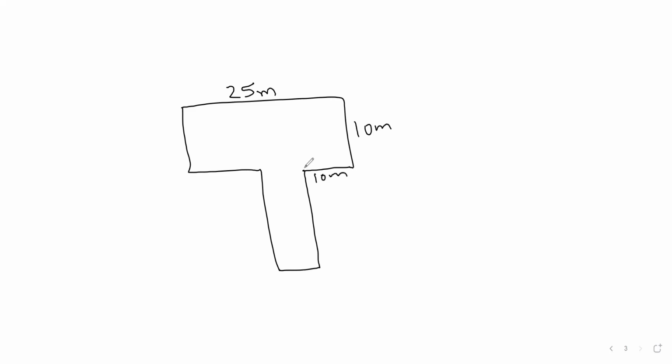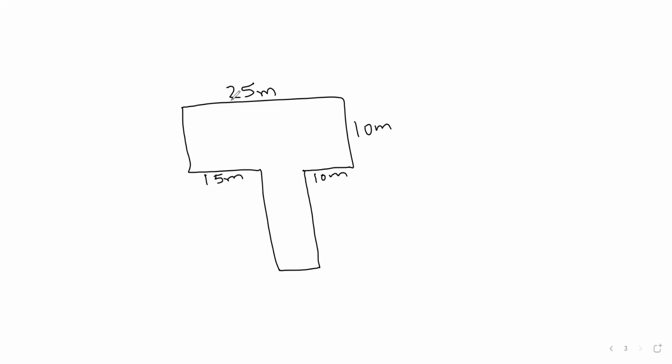For example, they have given this T-like image, and they have given that this is 25 meter, this value is 10 meter, and this value is 10 meter, and this value is 15 meter.